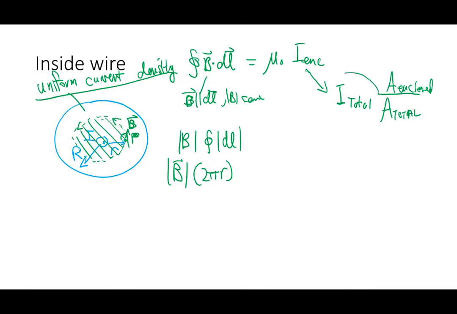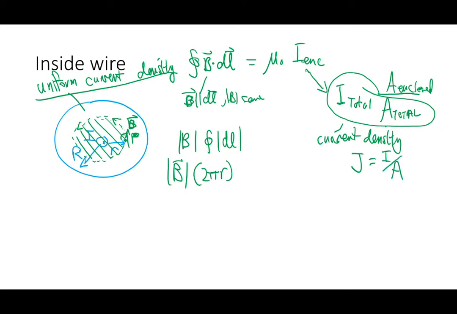And sometimes people group these things together and call that current density, right? Much like how we had charge density. So current density is defined to be the current divided by the cross-sectional area of the wire. In the end, it really just lets us say we're taking a portion of the current because we're only enclosing a portion of that area.